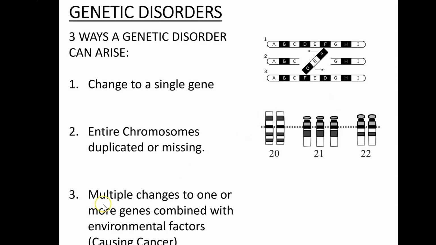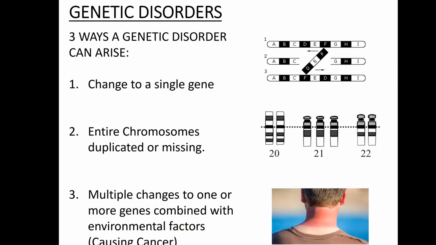And then there are also multiple changes to one or more genes combined with environmental factors. So you can increase the chances of a mutation happening by being exposed to certain environmental factors. For example, cancer.